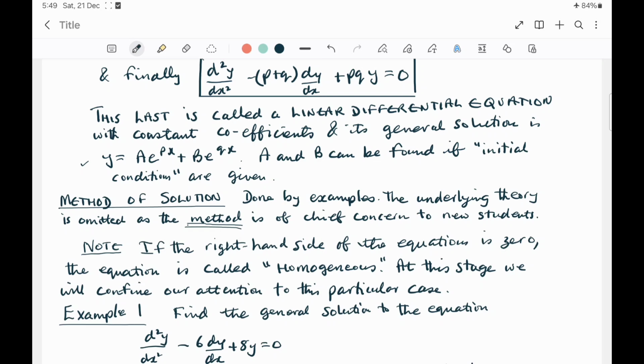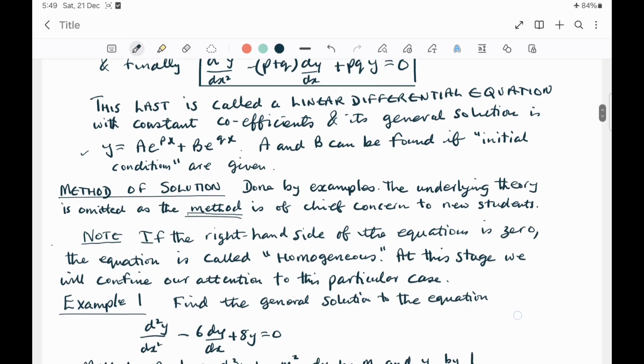Okay, now just a note here. If the right-hand side of the equation is 0, the equation is called homogeneous. Some people pronounce that differently, but I prefer homogeneous. Okay, at this stage, we'll confine our attention to just this particular case only.